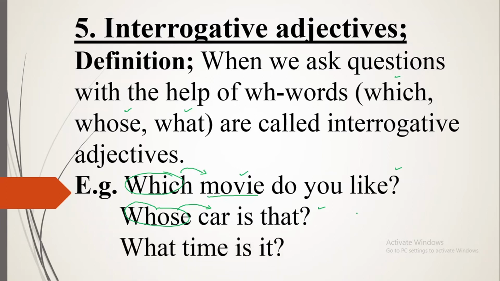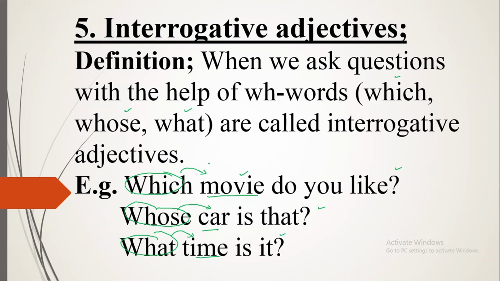Next one is: What time is it? And what is adding something to the meaning of time and asking about the time, so that is known as an interrogative adjective. Keep in mind, when nouns come after which, whose, and what, that is known as an interrogative adjective.